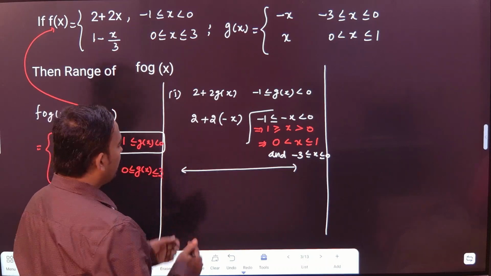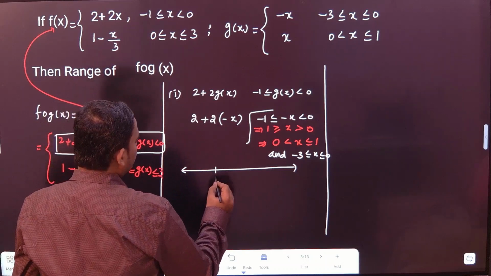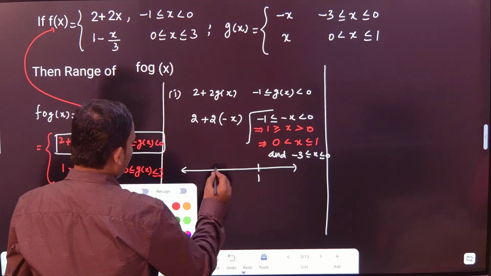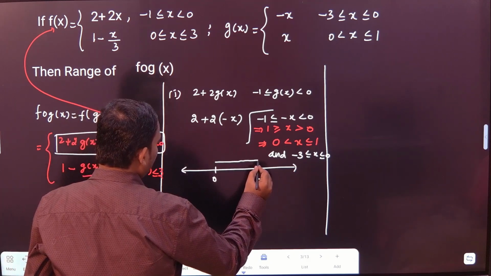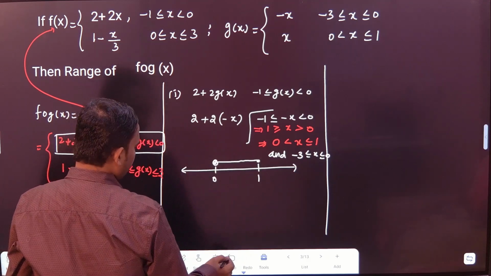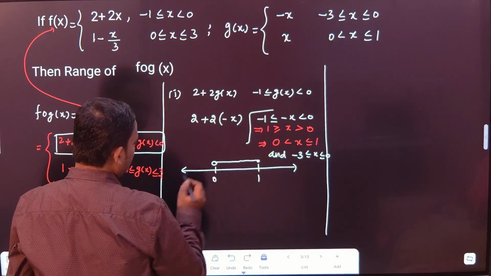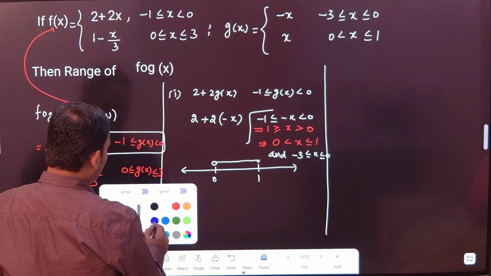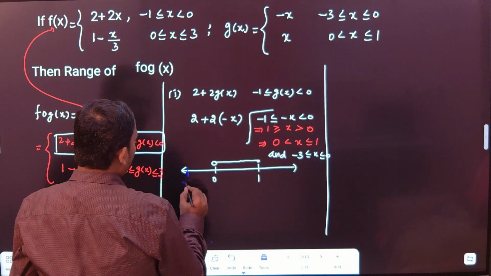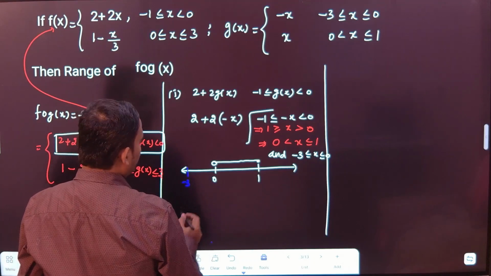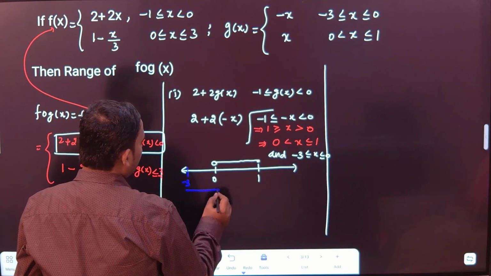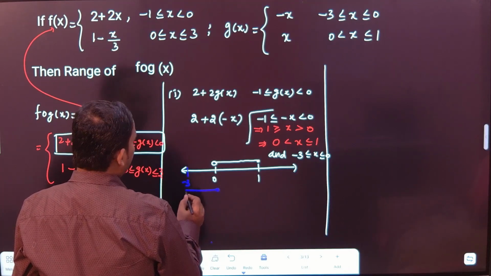Now you can mark it on the number line. Here is 0, here is 1: 0 to 1, where 0 is not included. Next interval is minus 3 to 0, where minus 3 and 0 are both included.